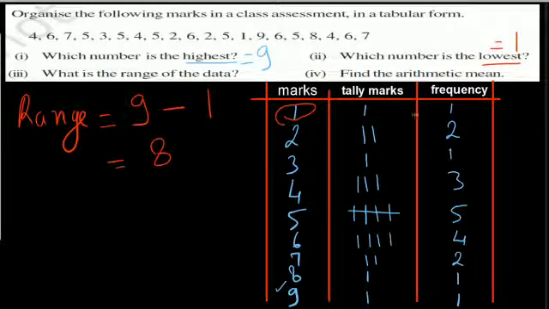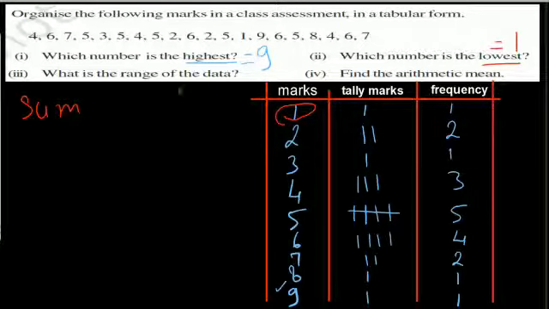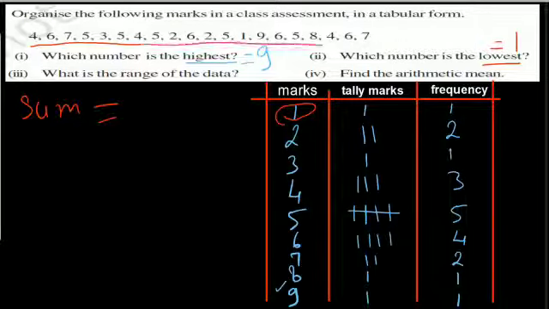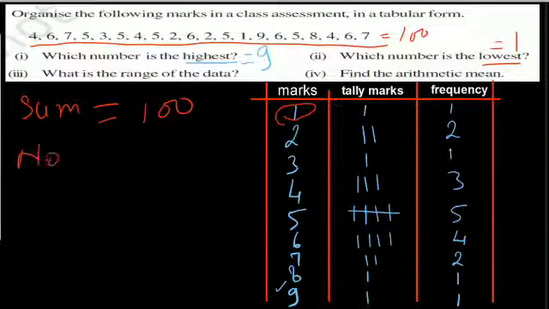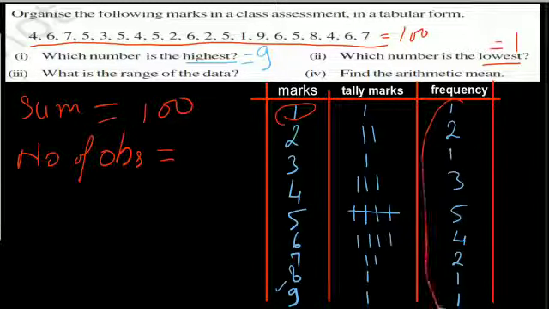Now move to the fourth part, that is arithmetic mean. Here the sum is equal to, when we add all these numbers, 100. So the sum of observations is equal to 100. Now for the number of observations, we have to add the frequencies.